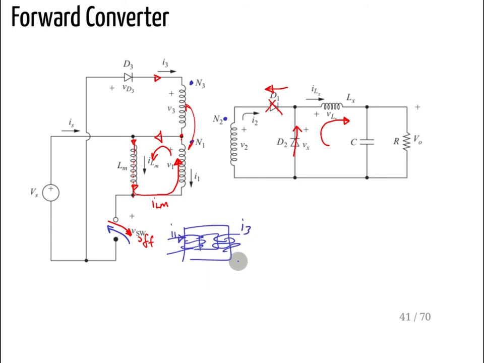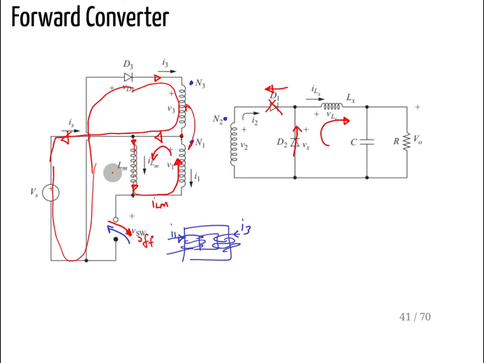You are getting current, and that current is coming out of the other direction, and let's see where it goes. It will flow through here, and come back through here. So you are sending your power back to the source.